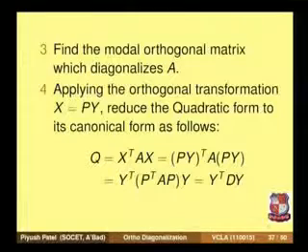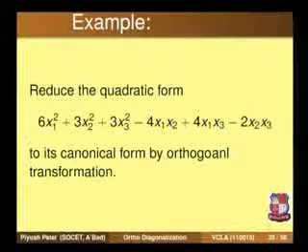Associating the middle matrices, P transpose AP, and that P transpose AP is the diagonal matrix, therefore we have y transpose D y. So in order to get the sum of squares form, we apply the orthogonal transformation x equals Py, where P is the modal matrix which diagonalizes the matrix A. So this is equivalent to the diagonalization problem.